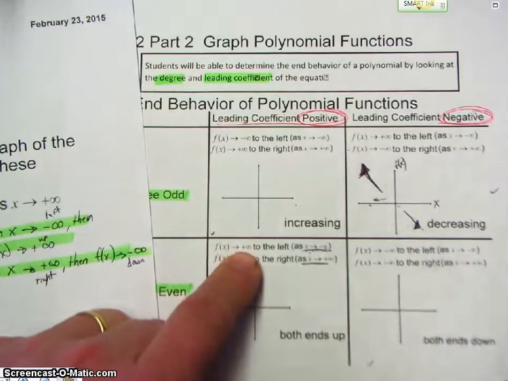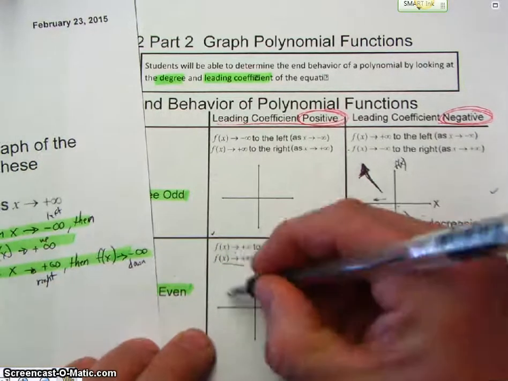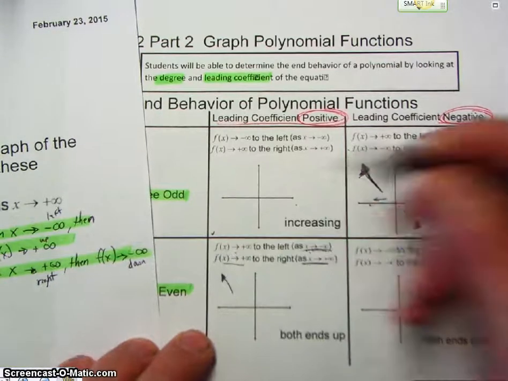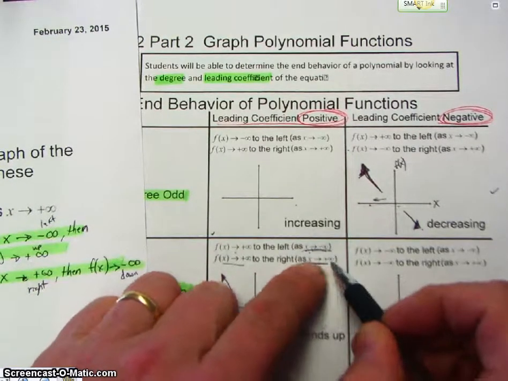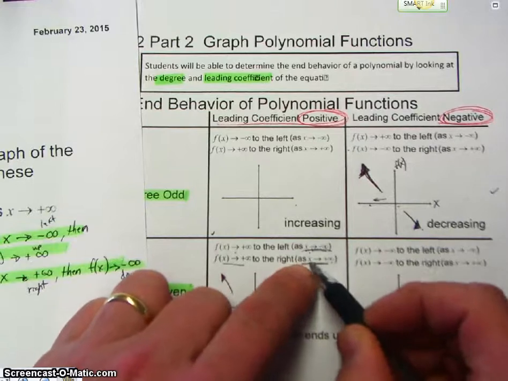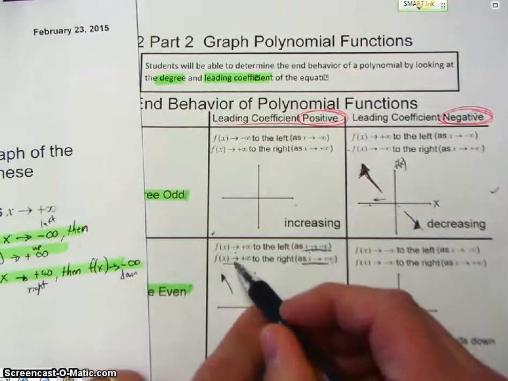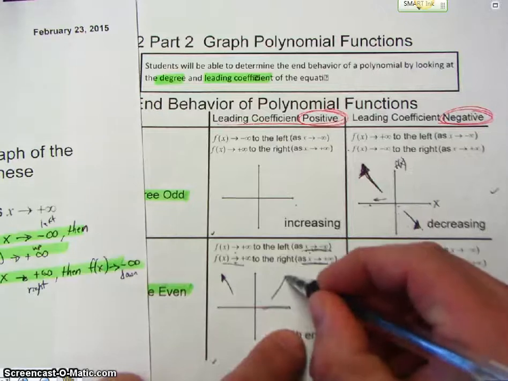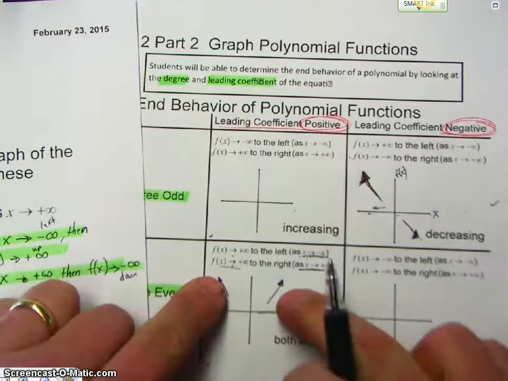So the end behavior of this, as I go left, I'm going up. Now this says as I'm going right on the x-axis, because positive x, so I'm going in this direction. This tells me I'm still going up. So that's what it looks like there. So both ends are up.